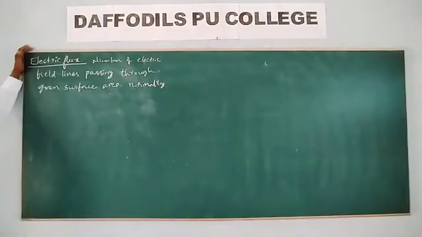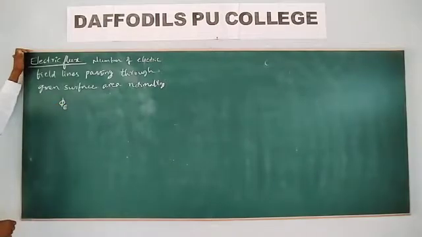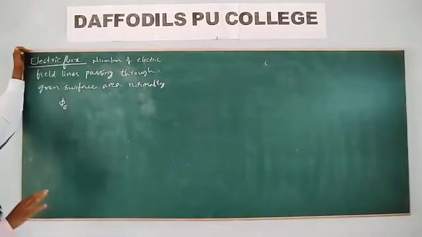So the number of electric lines passing through a given surface area normally is called what? Electric flux. And the symbol for the electric flux is phi E.